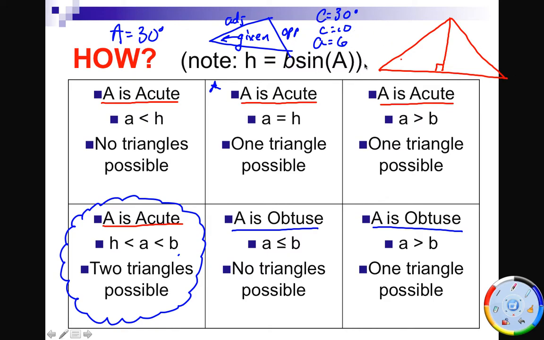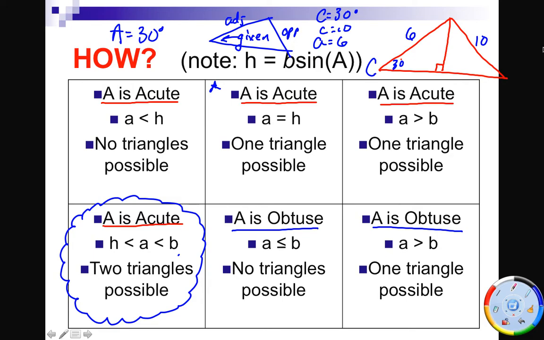Actually, I might say my angle C is 30. I would say across is 10, and the connecting side is 6. I drew it this way because then the orientation is always the same for every triangle that I draw. So I don't get confused when I'm talking about, oh, is A acute? Well, I'm actually talking about C now, the given angle.